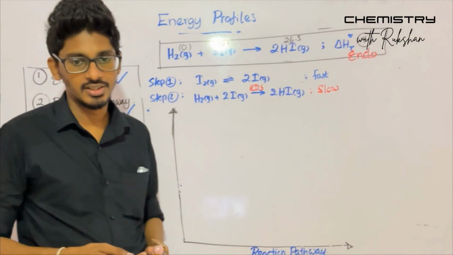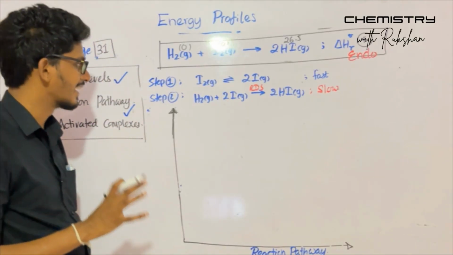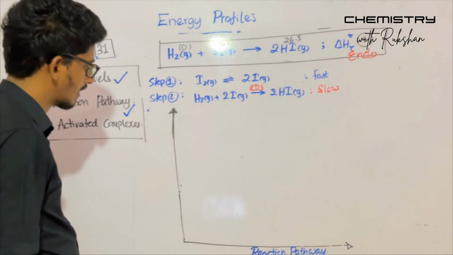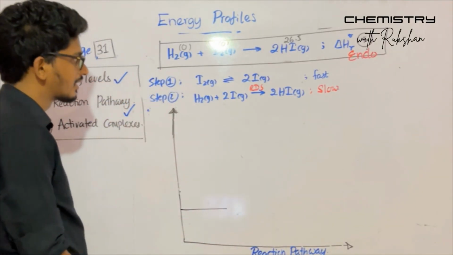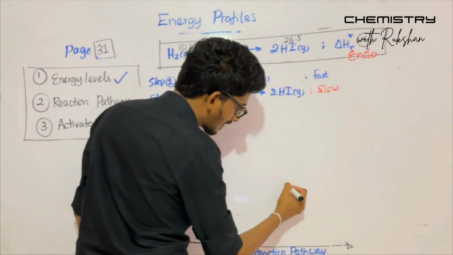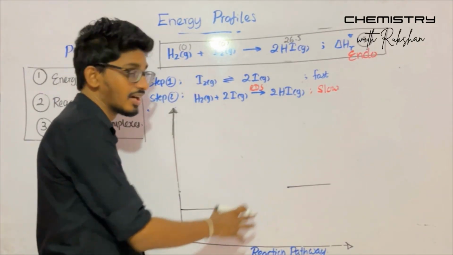First, I always say that we have to draw the reactant level and the product level. The energy of the product level should be greater than the reactants. Why is that?